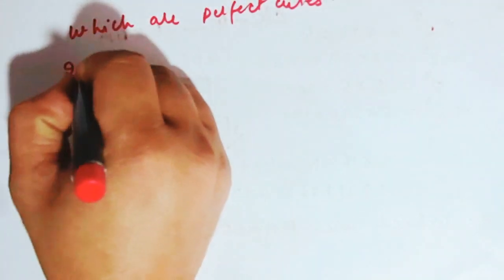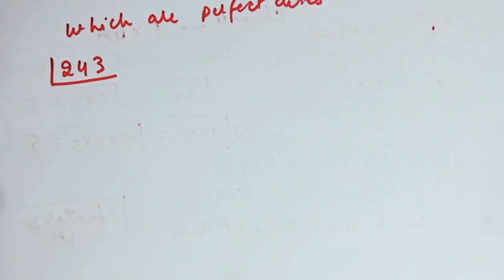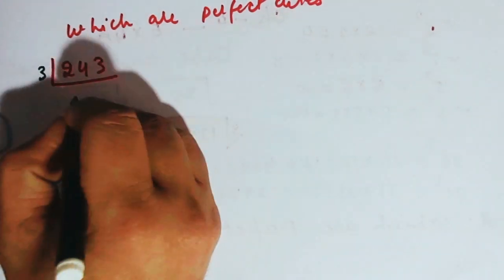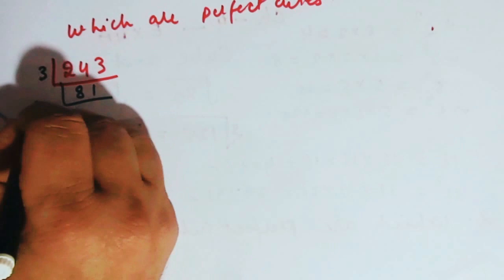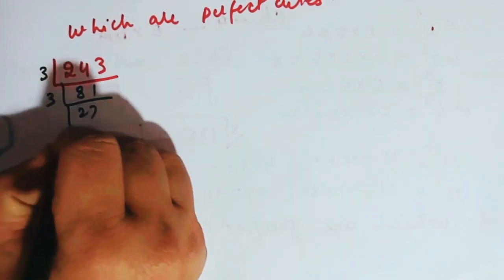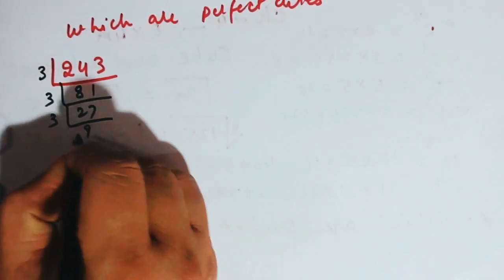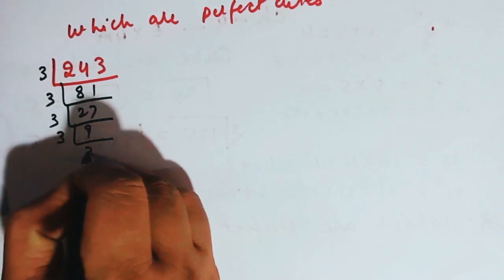Okay, have a look. They have given you 243. Now quickly what you do is you break it into its factors, and you know how to break into its factors. 3 eights are 24, 3 ones are 3, then 3 twos are 6, 3 sevens are 21, very good, 3 nines are 27, and 3 threes are 9.